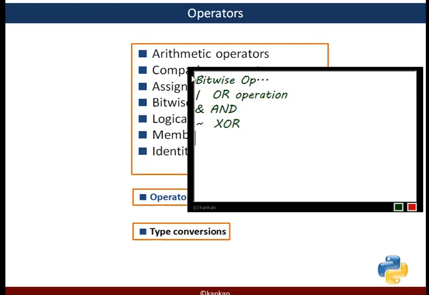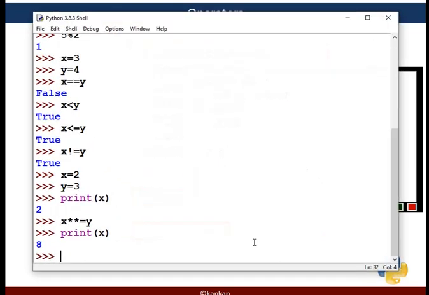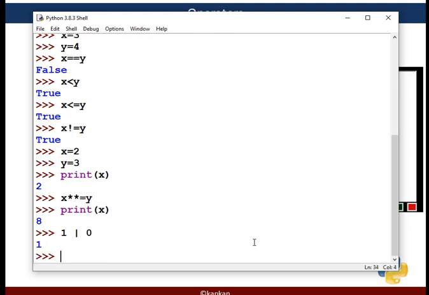That means this operator behaves like OR: 1 or 0, what will be the output value? You may test it. 1.